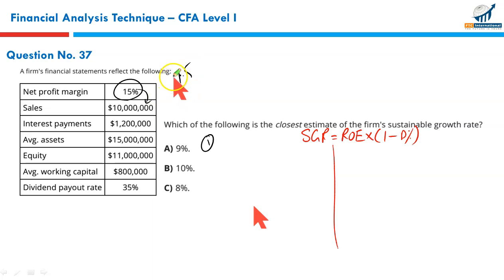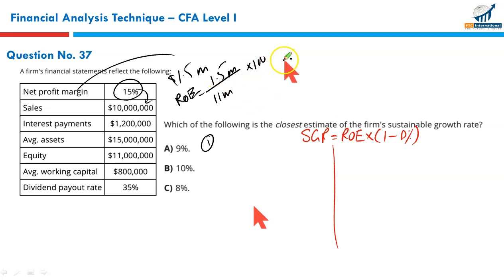This is your net profit. What is equity? 11 million. So you can calculate return on equity straight away from here. 1.5 million upon 11 million multiplied by 100. That is 13.636.